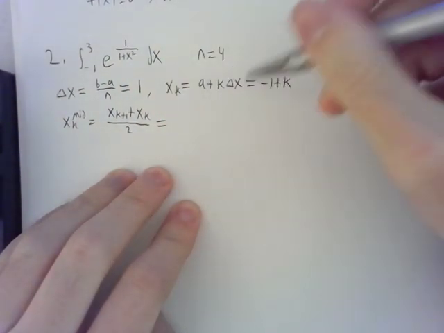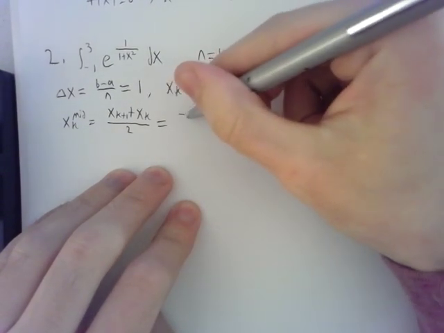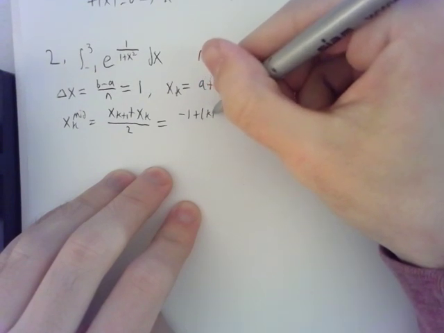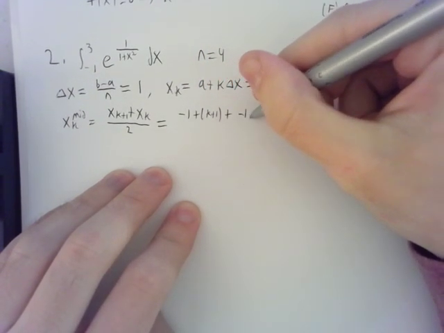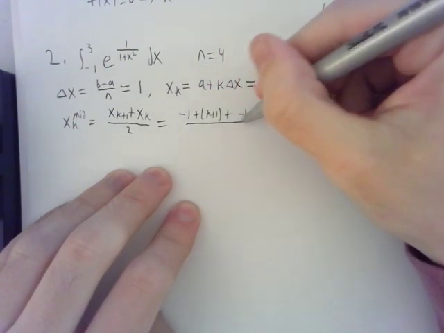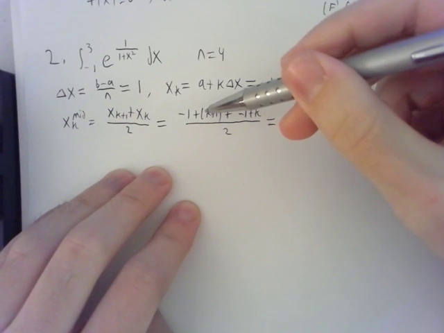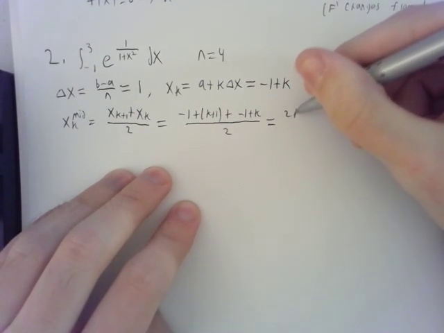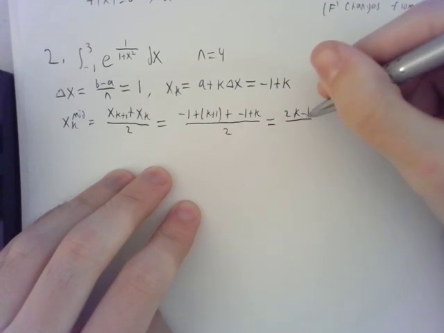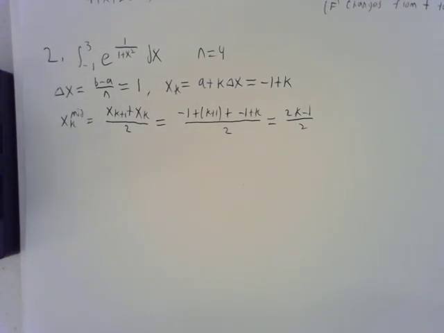So if we just calculate this by plugging this thing in, we'll have -1 plus k plus 1 plus -1 plus k, all divided by 2. And if we do some simplifications, looks like we get 2k minus 1 divided by 2.